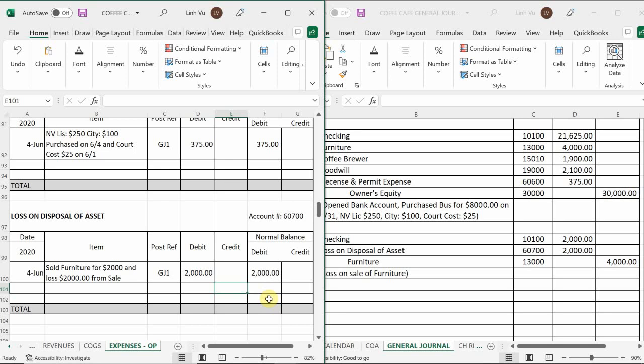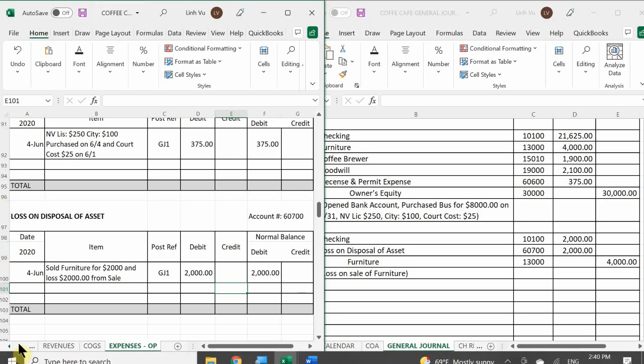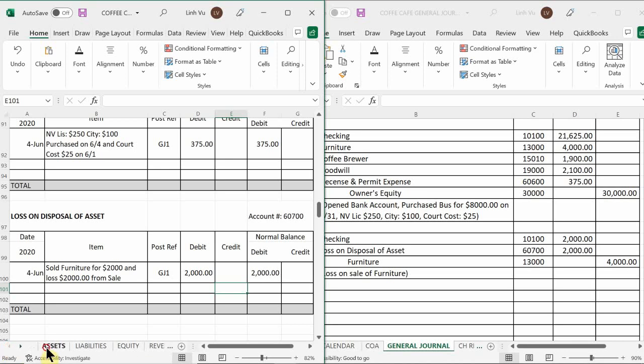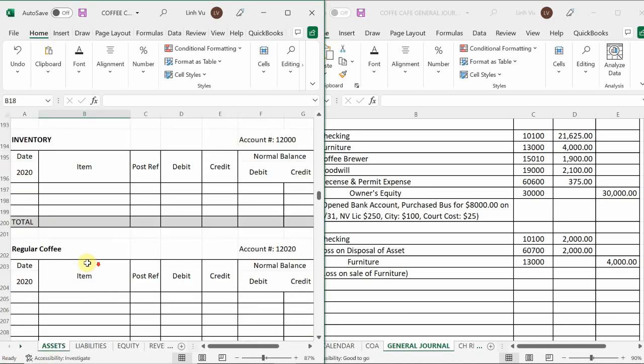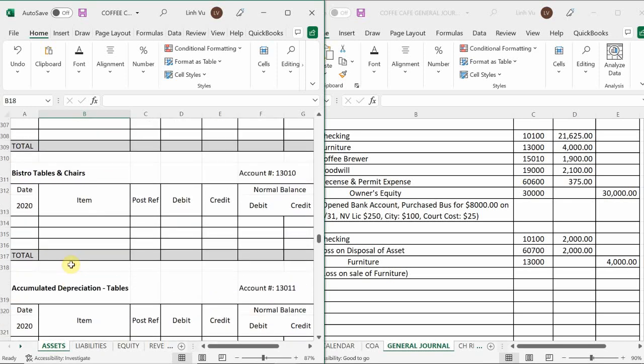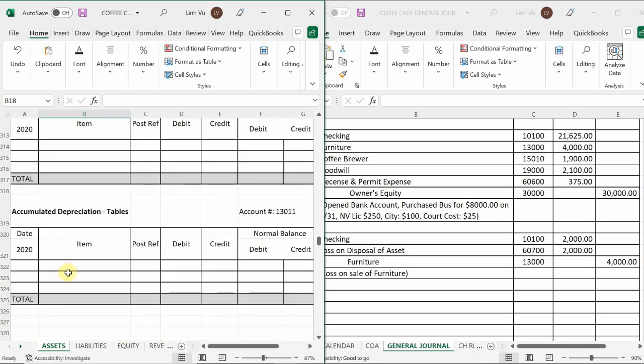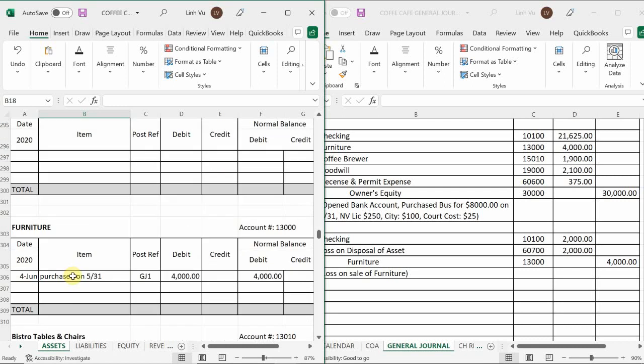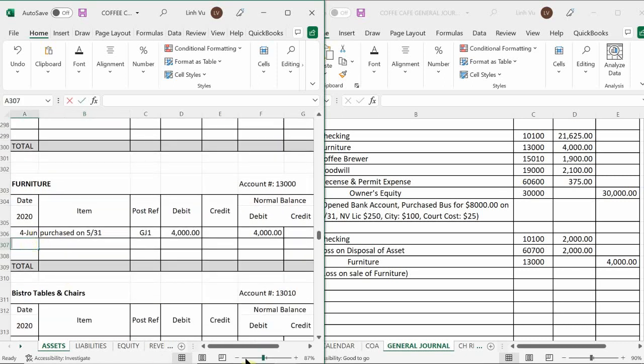All right, now that I have that, I'm going to go ahead and proceed with the next one, which is furniture. So furniture is an asset. Furniture should be right here. It is June 4th, and this time what I'm going to say is I sold furniture.